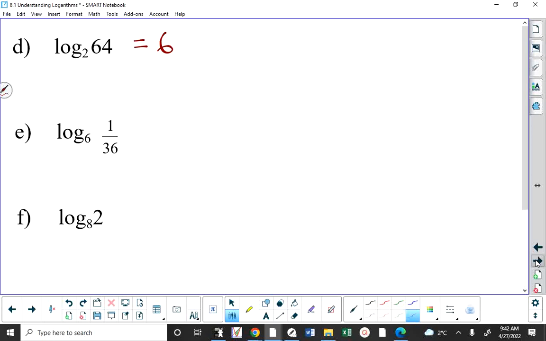We did not need to write 2 raised to our answer equals 64, although you could have, and then solve this as an exponential equation. And I'm going to pause here and tell everybody that at some point most of you will learn that you can calculate these numbers on your calculator, but I do not want you doing that.